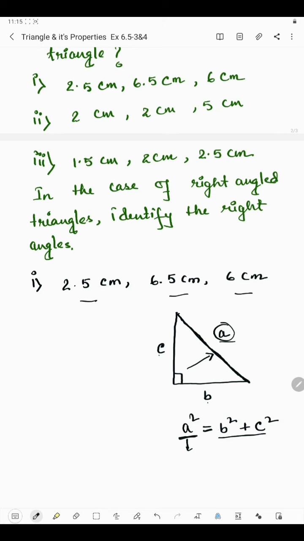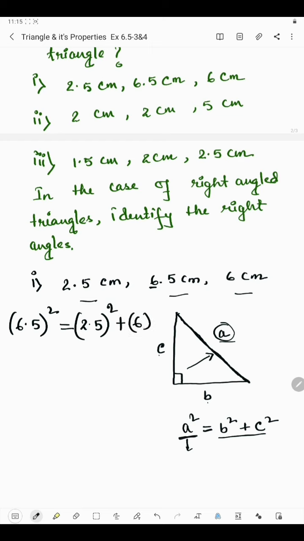Now let's check. Here we have 2.5, 6.5 and 6 centimeters. Out of that, 6.5 is the greatest, so we'll take 6.5 square on one side and the other two, which are 2.5 and 6, on another side.